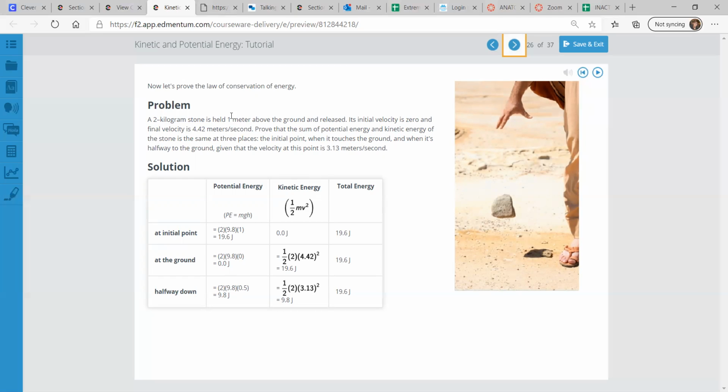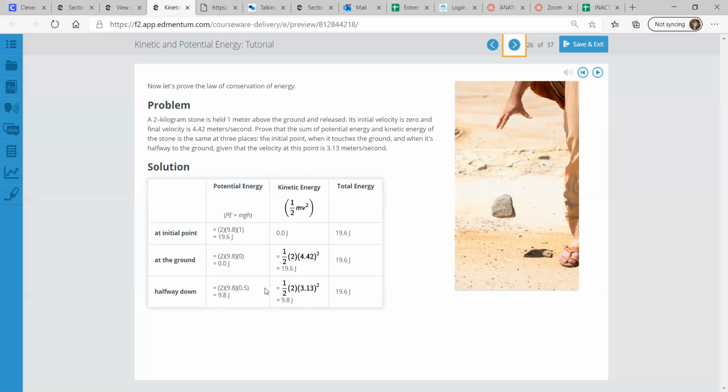If you hold it 1 meter above the ground, halfway down would be 0.5 meters above the ground. So you have 2 times 9.8 times 0.5, and that is 9.8 joules of potential energy. Kinetic energy is 1/2 times the mass, 2 kilograms, times the velocity halfway down, which is 3.13 meters per second, squared. And if you multiply that out, you get 9.8 joules of kinetic energy.